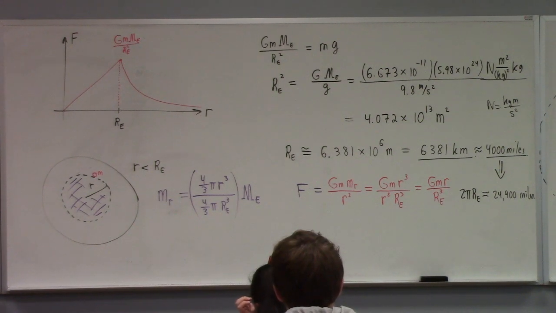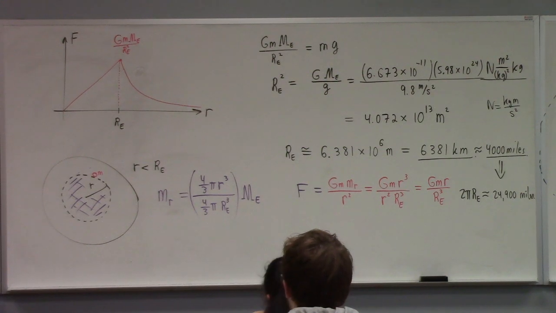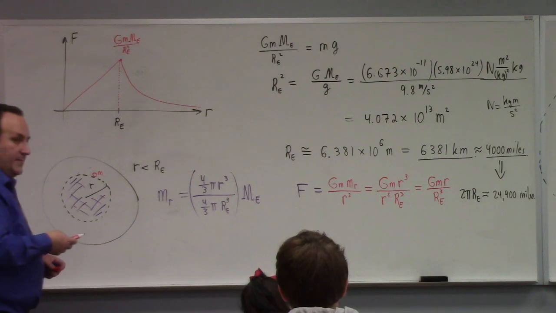So what I'm trying to tell you is this formula over here is really only legit for a radius greater than or equal to the radius of the Earth. The potential energy being minus G M m over r is only appropriate past the radius of the Earth. Inside the radius of the Earth, something else happens, right?